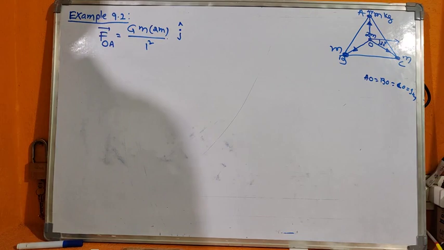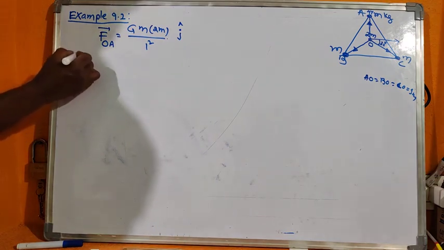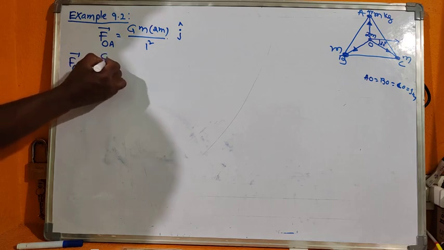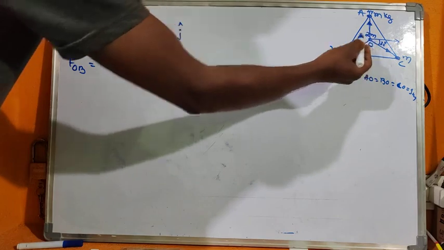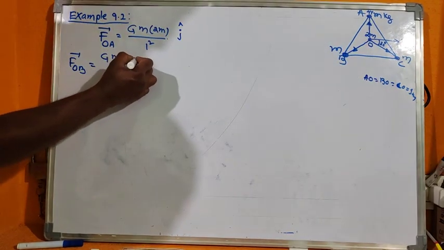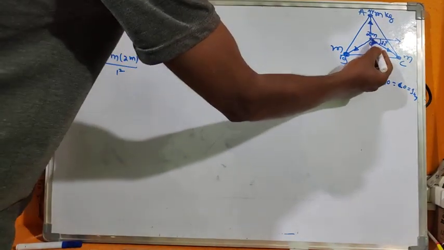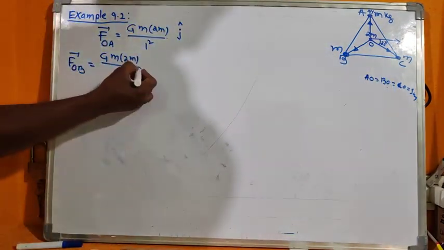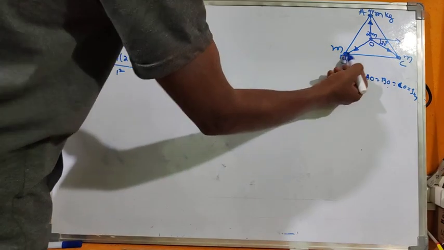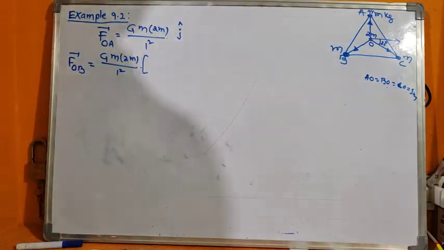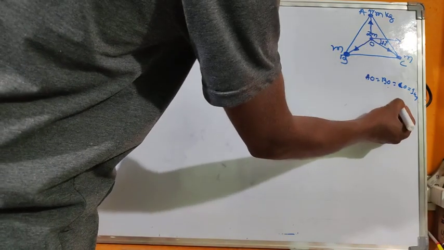Like this, the force on O by B is equal to capital G times small m at B and 2m at O, by the distance BO squared, which is 1 squared. This is not a direct vector along an axis, so we are resolving it into two components.